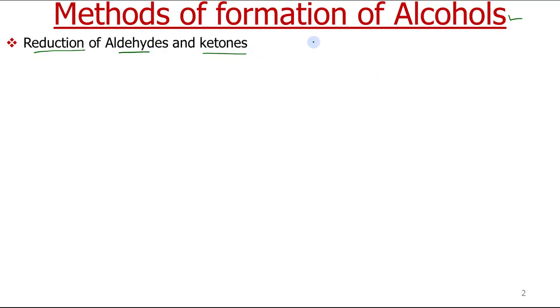So first let us see what are the various methods that are available to synthesize alcohols. First method that we will discuss in detail today is reduction of aldehydes and ketones. These aldehydes and ketones have a C double bond O group. This is called the carbonyl group.